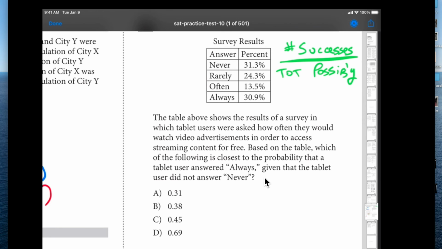So what I'll do in this scenario is look at these percents and make sure they add to 100. So 31 plus 24 is 55, plus 13 is 68, plus 30 is 98, and when you add these decimals, that gets us to 100. So I look at this as 100 people.